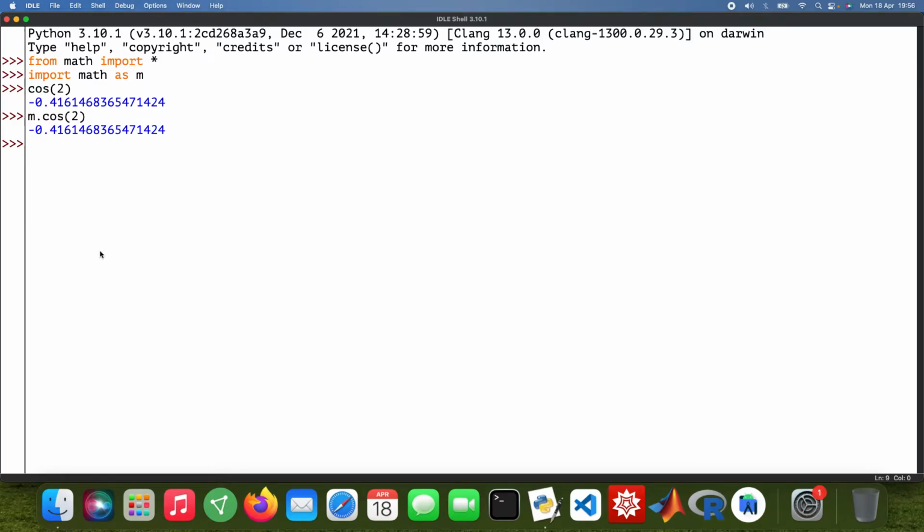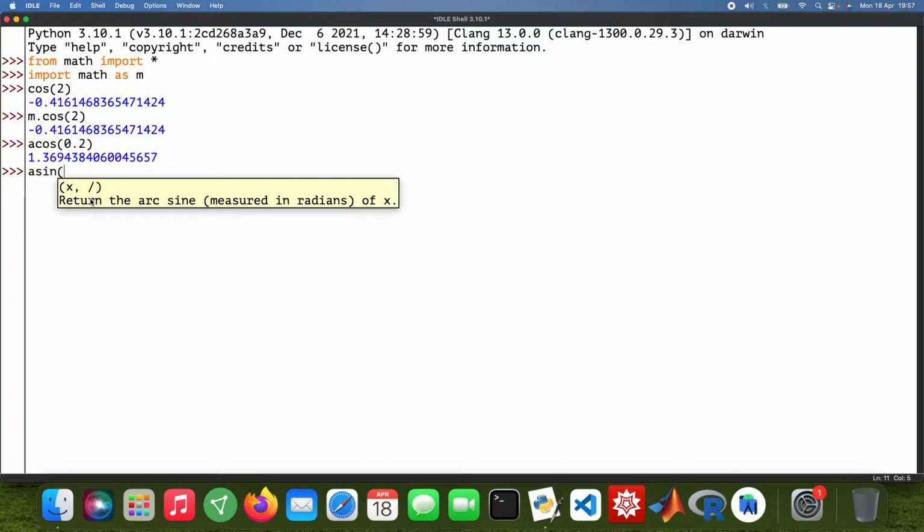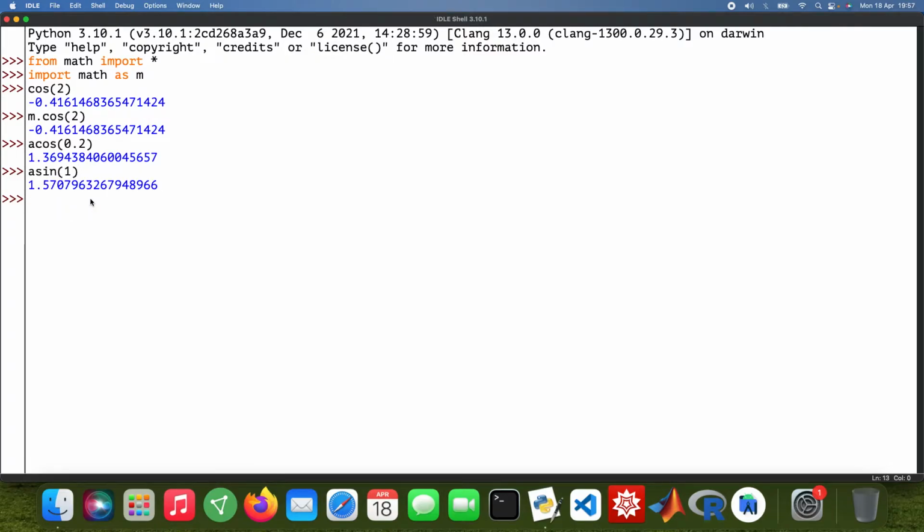I'm going to start off with my arc functions. Arc cos of x, where my x is 0.2. Then arc sine, and I'll just think of a number, 1. Then arctan 0.1.